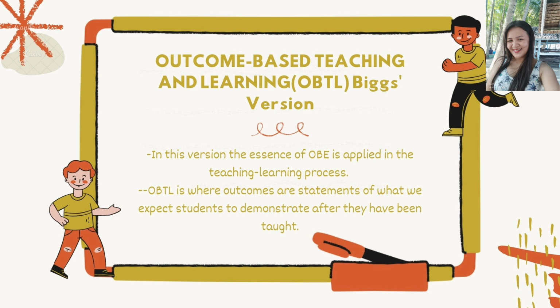It is where the teacher could test how shallow or deep the students understood the lesson. To summate it, simply remember that OBTL Biggs version defines outcomes as learning outcomes, which are more specific than institutional outcomes, program outcomes, and course outcomes.